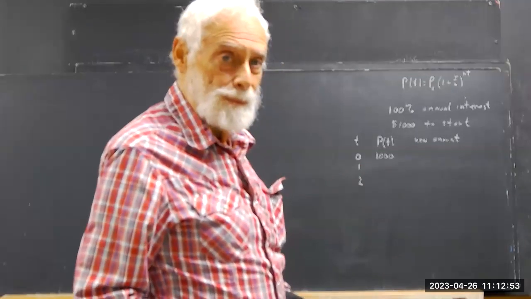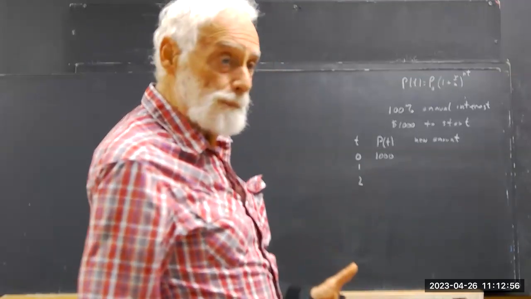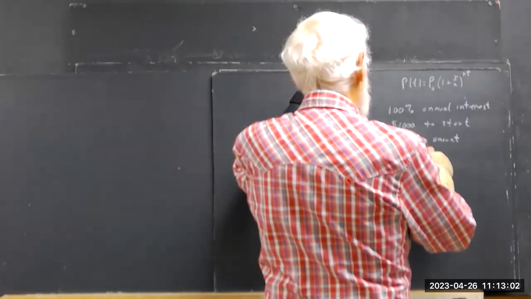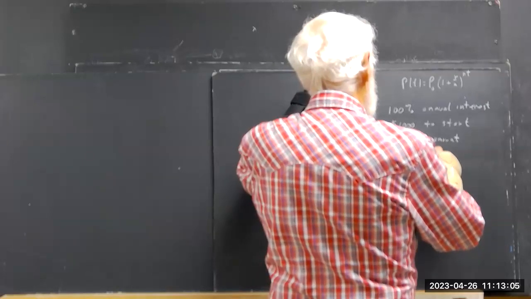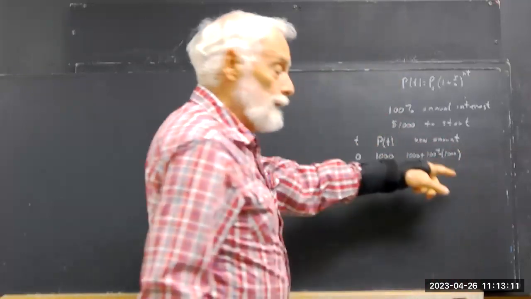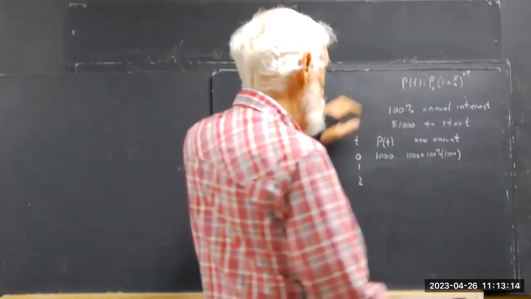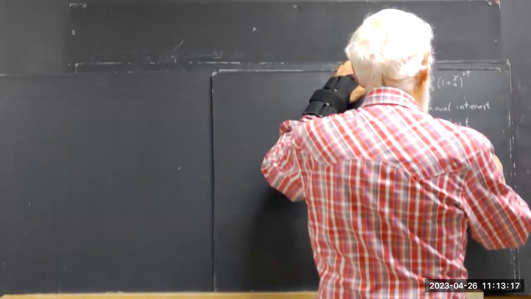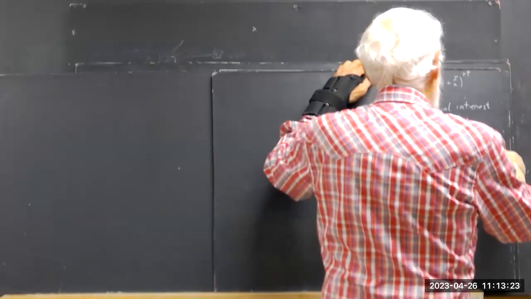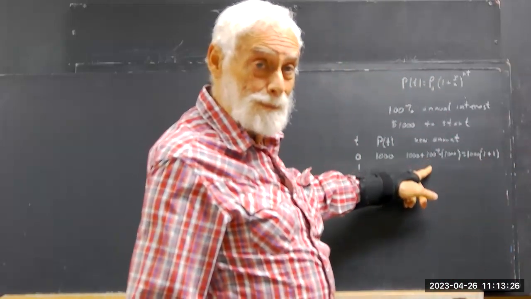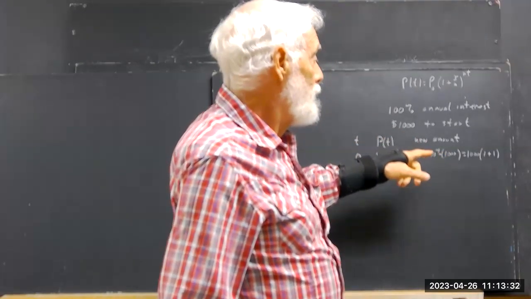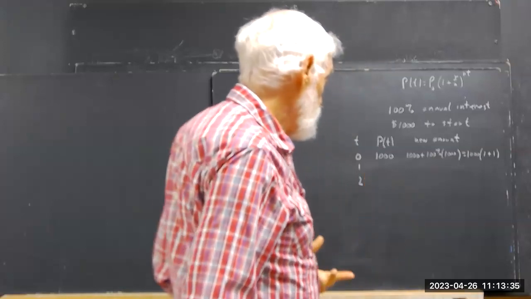What's our new amount? It's going to be $1,000 plus 100% of 1,000, right? Well, 100% is just 1. I don't have room to write that out. I should have left myself room.